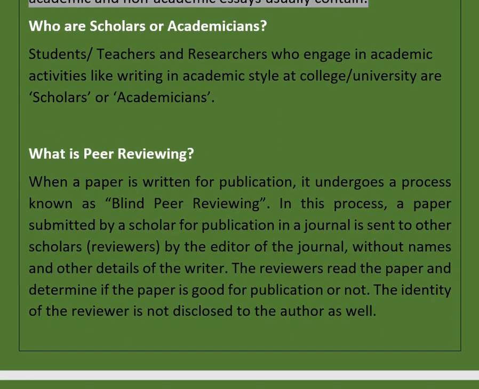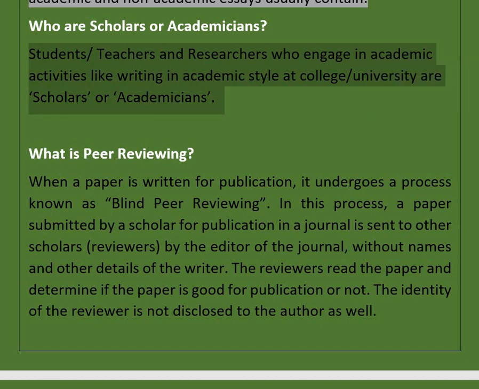Then we often hear about scholars or academicians. Who are scholars or academicians? Students or teachers and researchers who engage in academic activities like writing in academic style at college or university are called scholars or academicians.